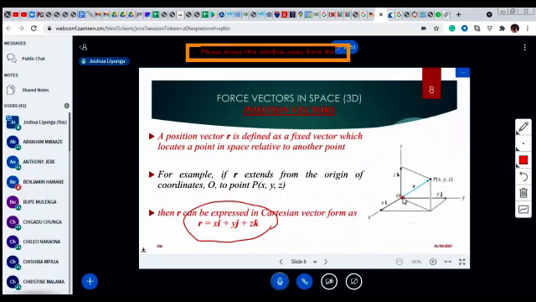You start from the origin, O, and move by a distance x along i, then from there you move in the y-axis by the distance y, then you do the same in the z-axis, moving by the distance z, to find that point P with coordinates x, y, and z.